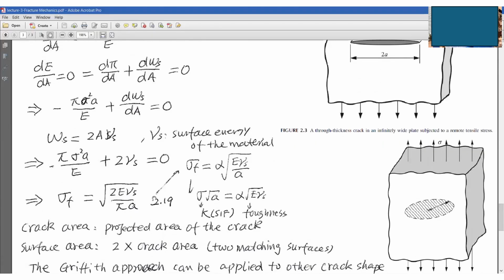And then, so we have this. This is a critical point. Sigma F equals square root of 2 E gamma S divided by pi A. So this is equation 2.19.